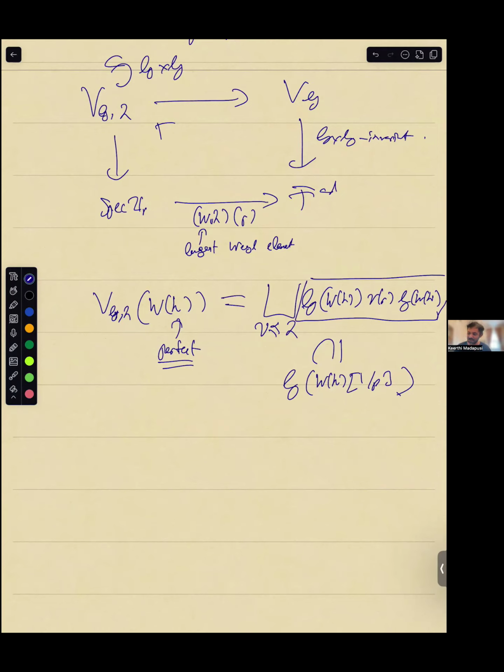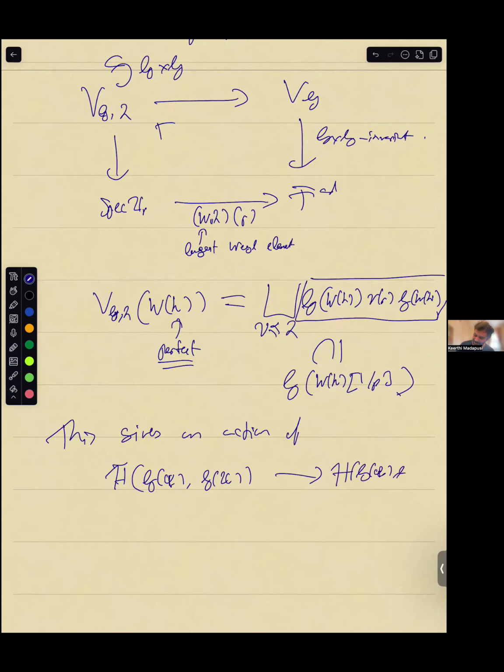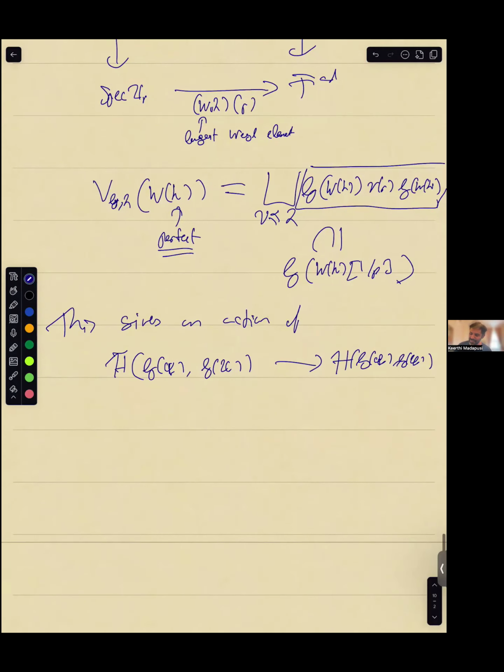So this gives an action of some cover of this Hecke algebra, which at least has generators indexed by dominant co-characters.